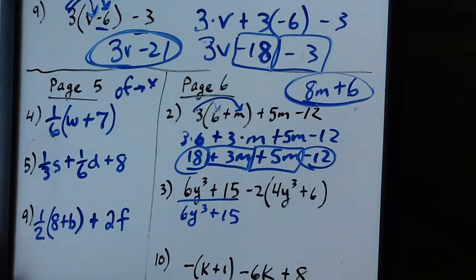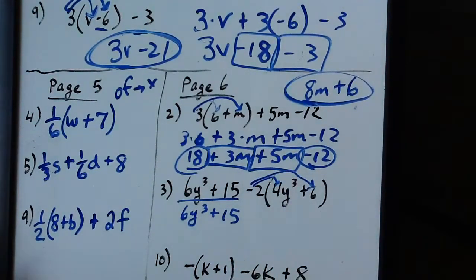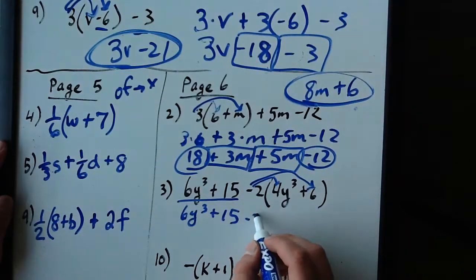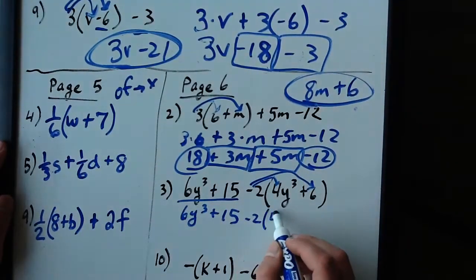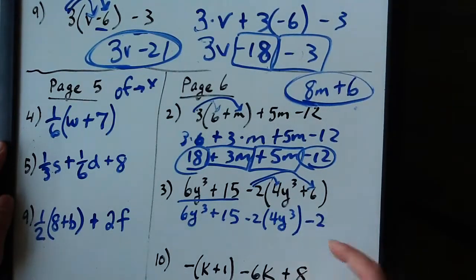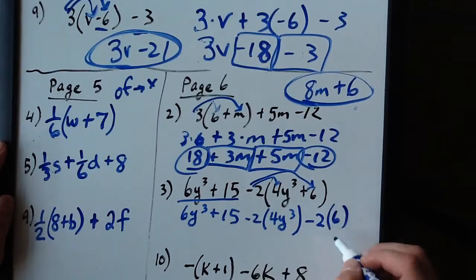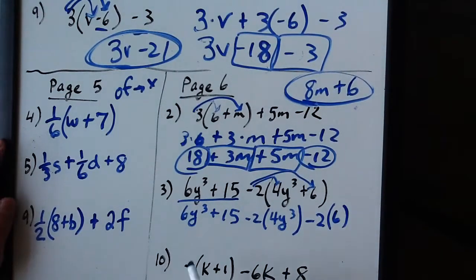I need to distribute this negative 2 to both the 4y cubed and the positive 6. So I have negative 2 times 4y cubed and negative 2 times 6. Again, I just bring those terms down because I have to multiply before I can add.